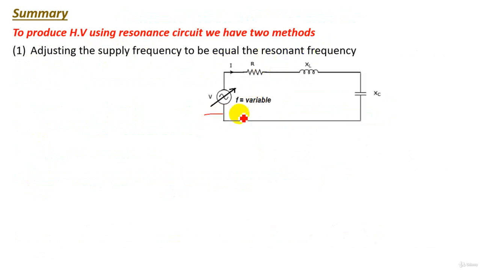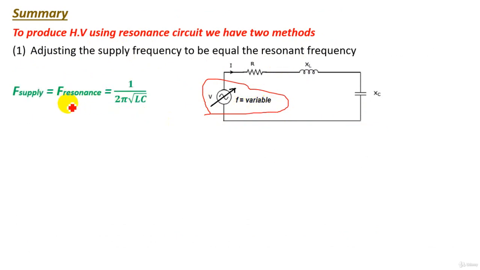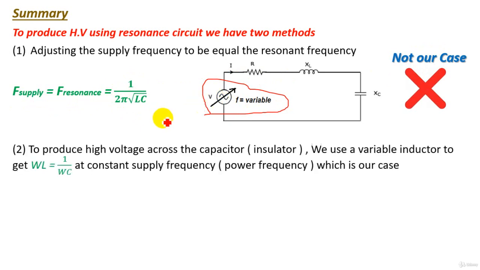If we have a supply with variable frequency, we can adjust the supply frequency to equal the resonance frequency, which is 1 over 2π root LC. But this is not our case, as we want to generate high voltage AC at power frequency. So we want the supply frequency constant and equal to 50 or 60 Hertz. So we will go to the second method.